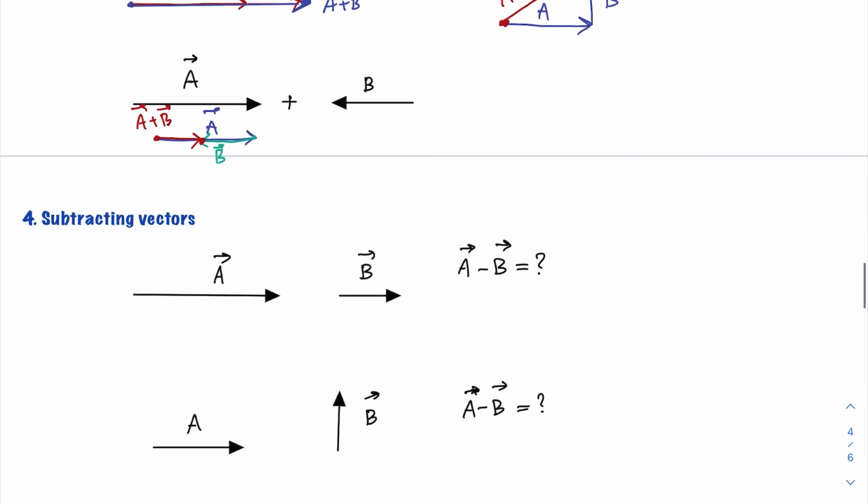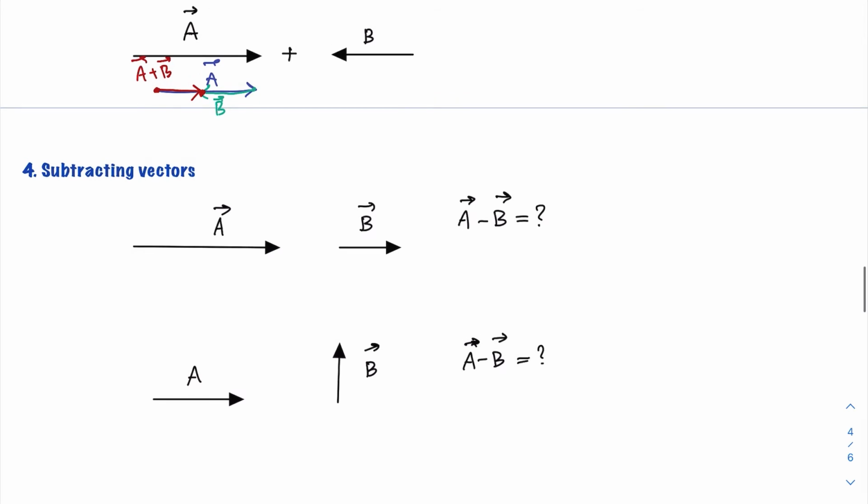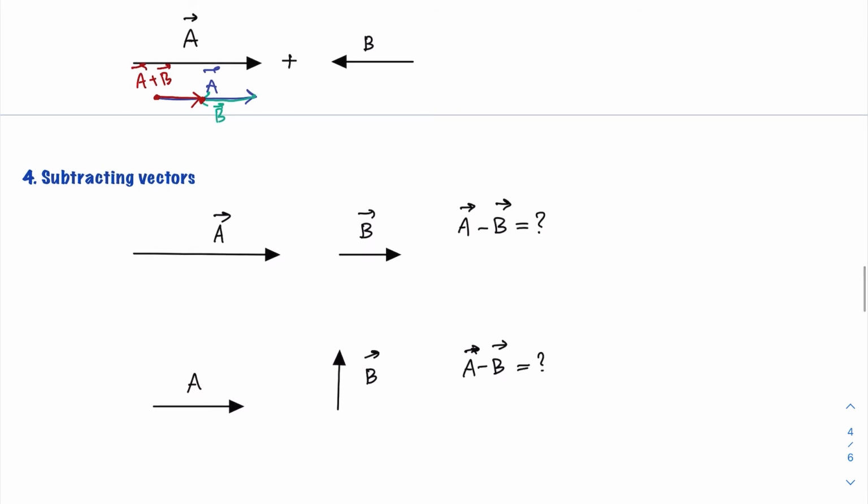Another property is about subtracting vectors. How do we subtract vectors? Well, in vector quantities we do not subtract, we always add. But what if we are asked to subtract?